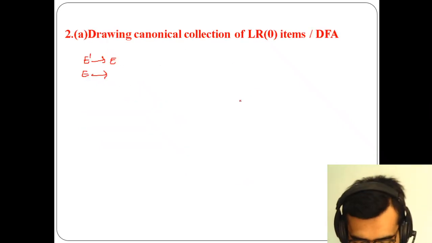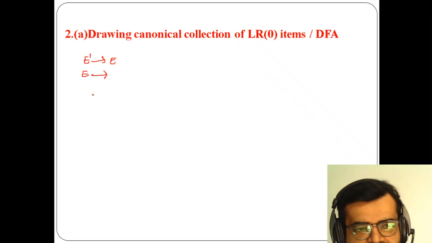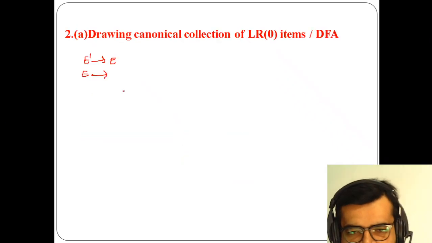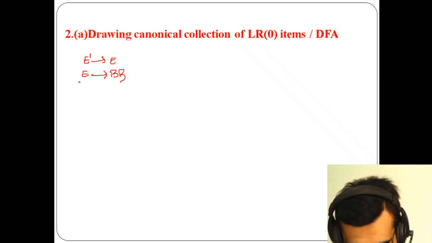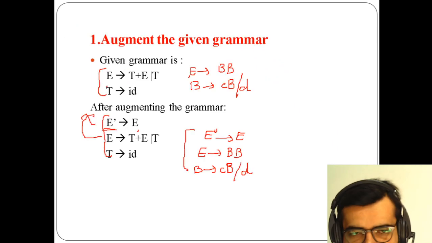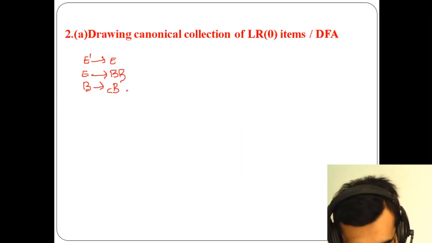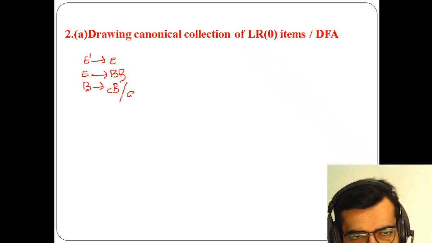Now in this example, the same thing: E' of E, then E of capital B B, and the third line B of small c capital B, then d.